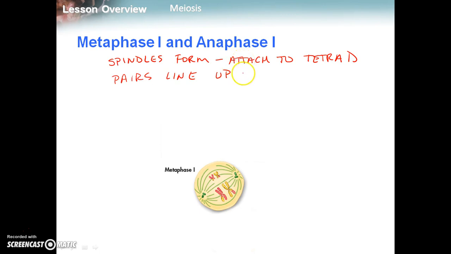And then during anaphase 1, we are going to have our spindle fibers pull apart those homologous chromosomes.